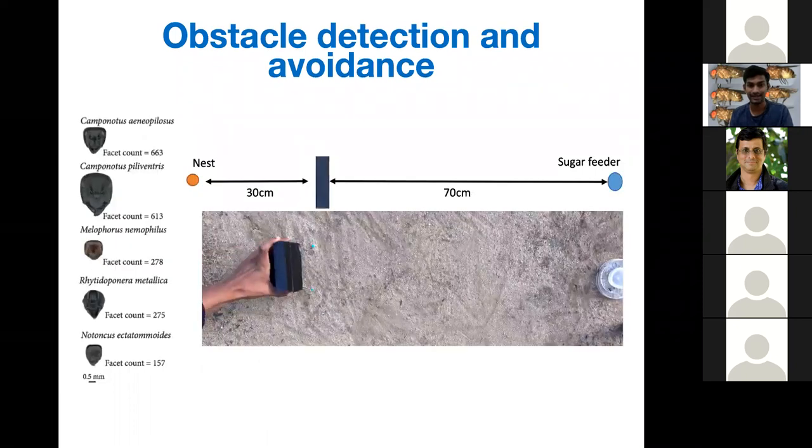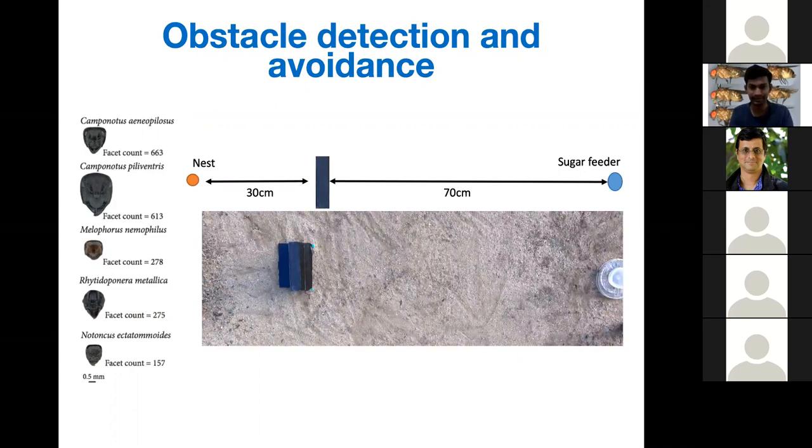To test that, we studied 5 different species that vary in number of ommatidia, and we trained them to a sugar solution kept on the right side there. Once they have fed and are returning, we kept an obstacle in their path, as you can see. The ants come all the way towards the obstacle. Sometimes they detour around really quickly, and eventually they go around and go back into their nest.